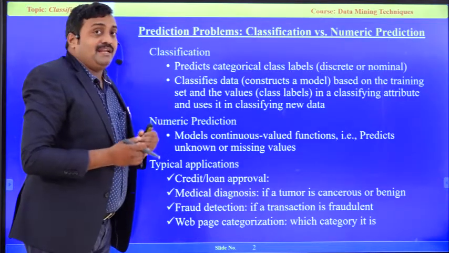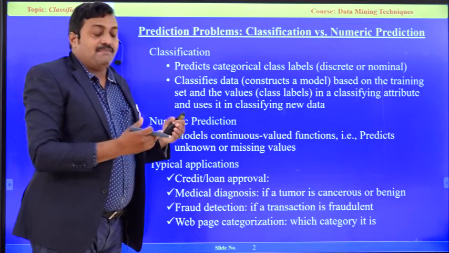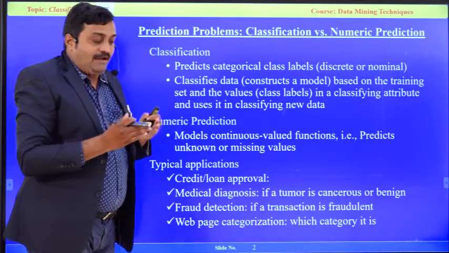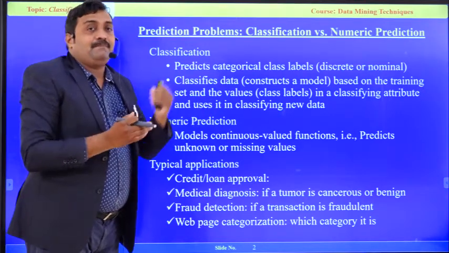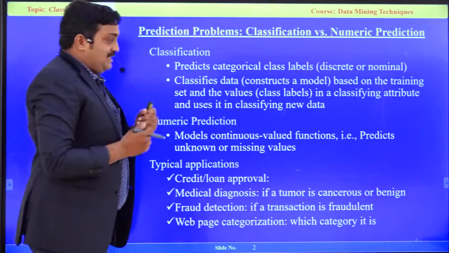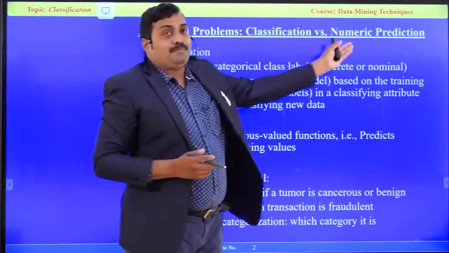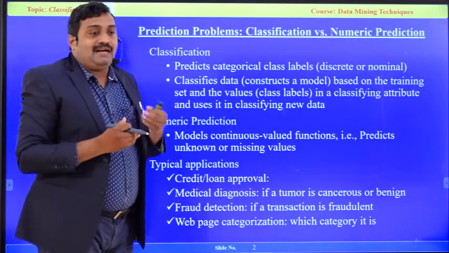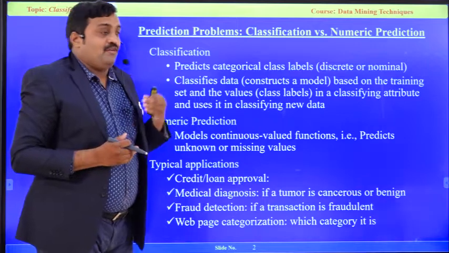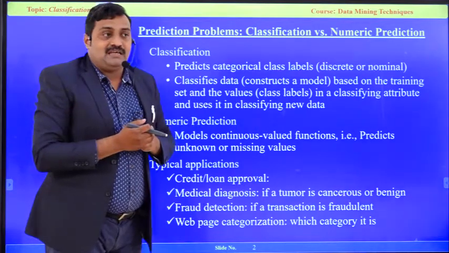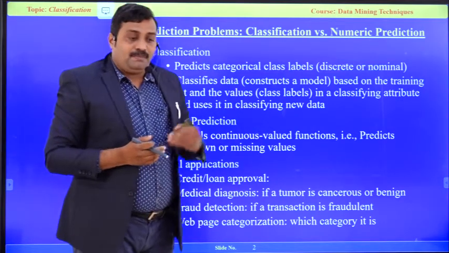But in the real scenario, we have a lot of raw data coming from various sources. We have to classify that data into various classes with a particular class label. Here the topic is classification versus numerical prediction. The data can be of any type, so we have to identify what kind of data it is, whether numerical, ordinal or nominal.